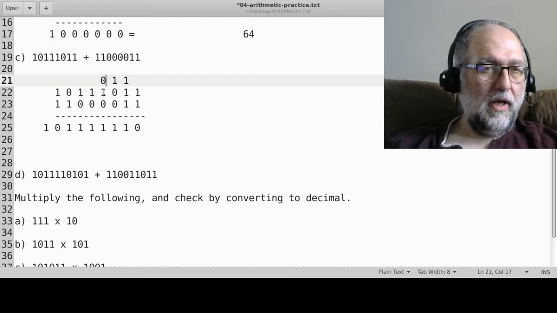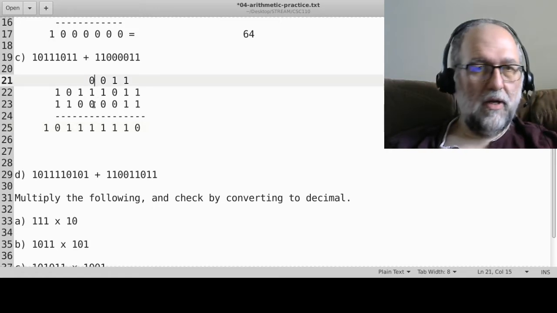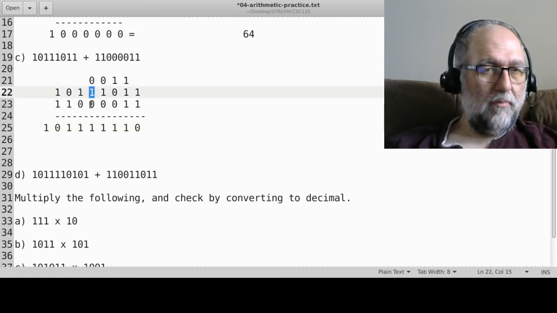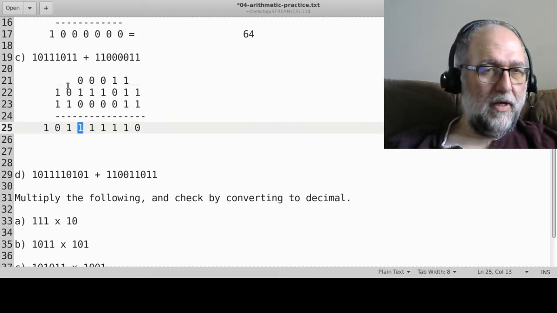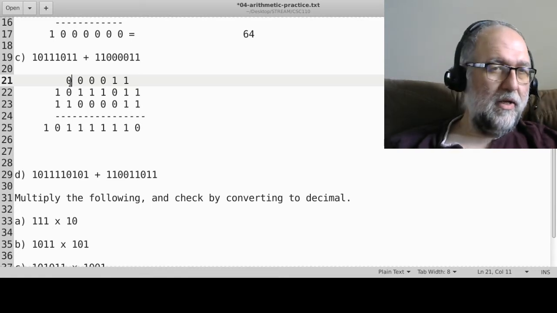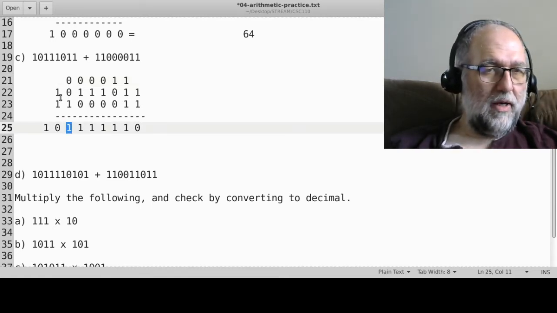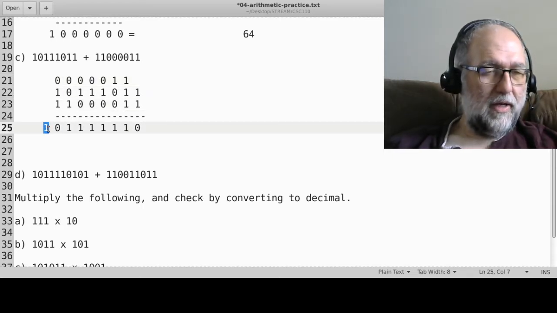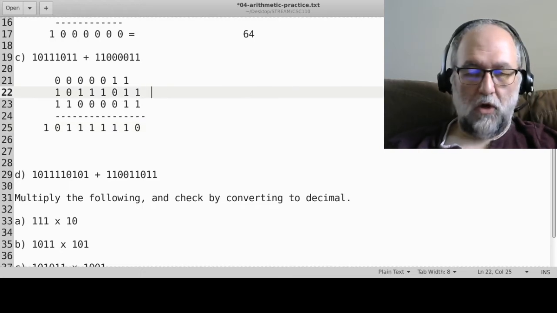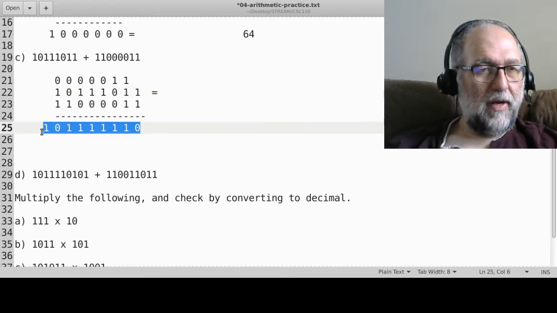You can put in a 0 there. 0 plus 1 plus 0 is 1 with no carry. 0 plus 1 is 1 with no carry. Okay, and 0 plus 1 is 0, carry 1. Okay, and there we go. So that's your answer right there.